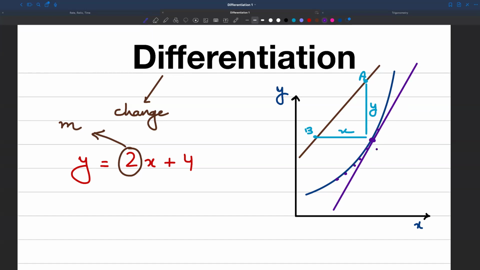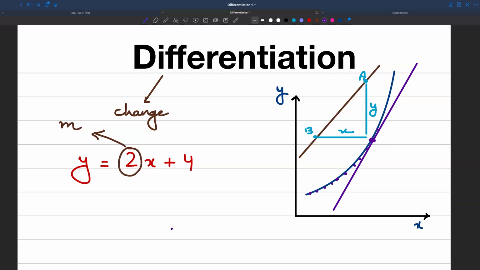What differentiation will do for us every single time is give us the gradient, or the change, of the tangent. If this is the curve, at every single point the gradient is changing, because at every point you can make a tangent, and for that tangent the gradient will be different.